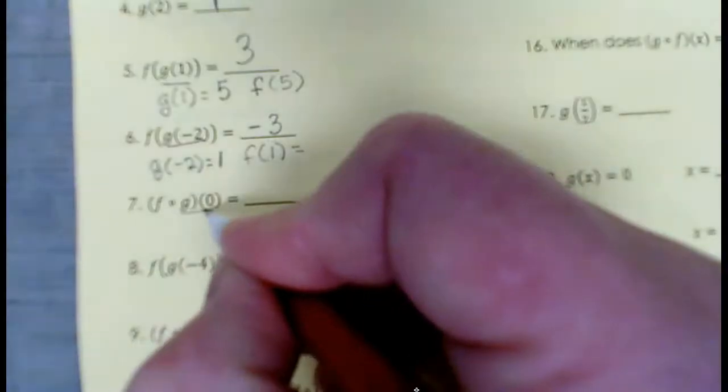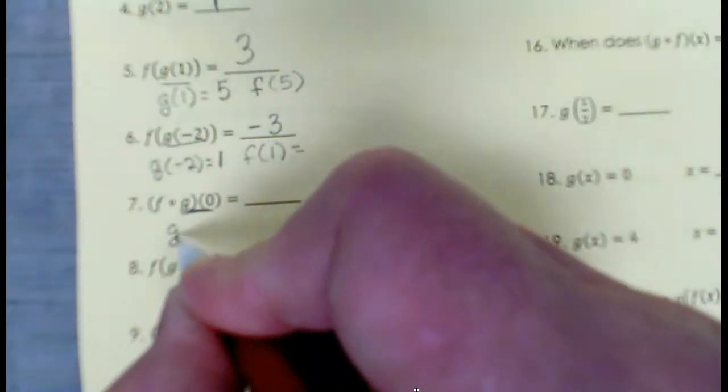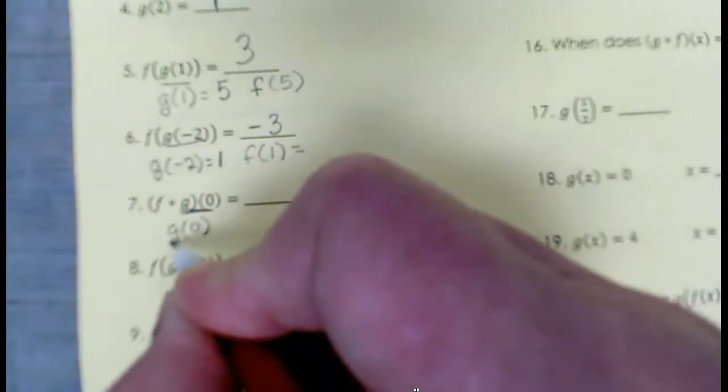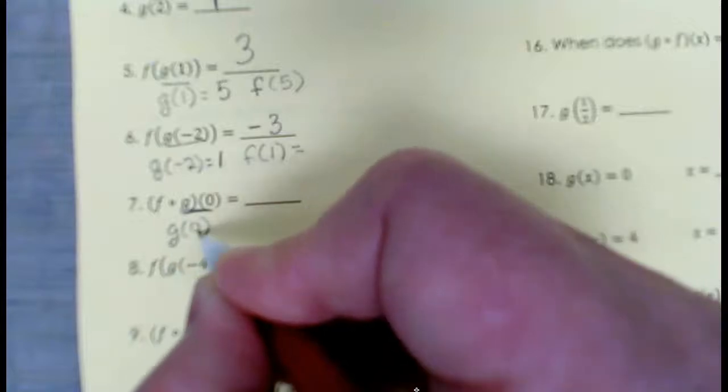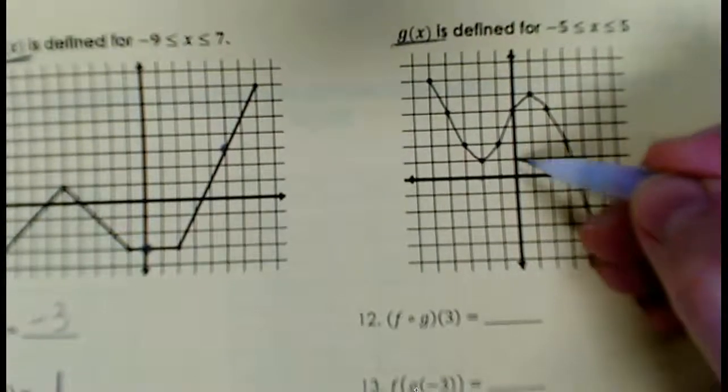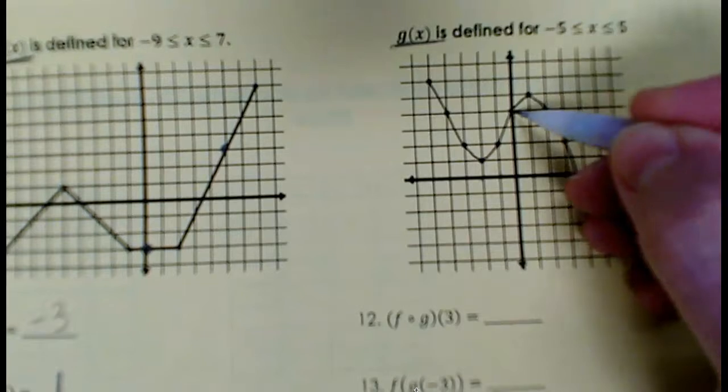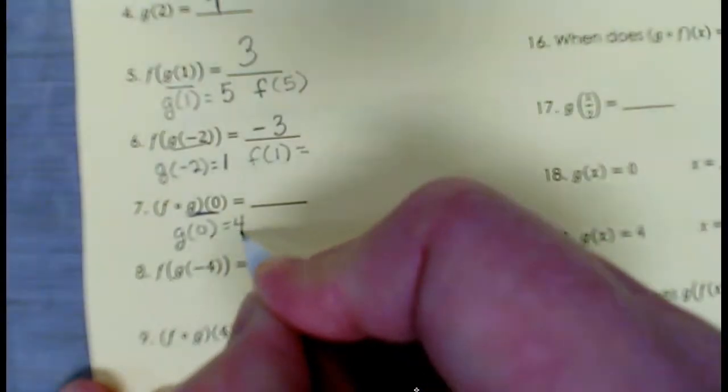Ready for the next one? G of 0. Go to the graph labeled G, x value of 0, 1, 2, 3, 4. The y value will be 4.